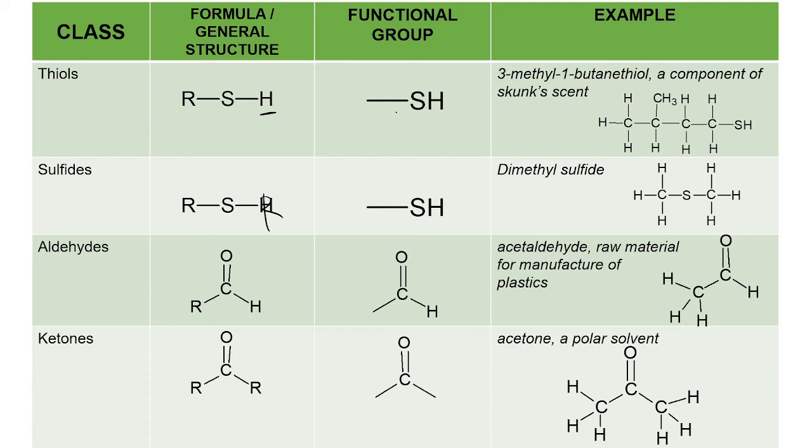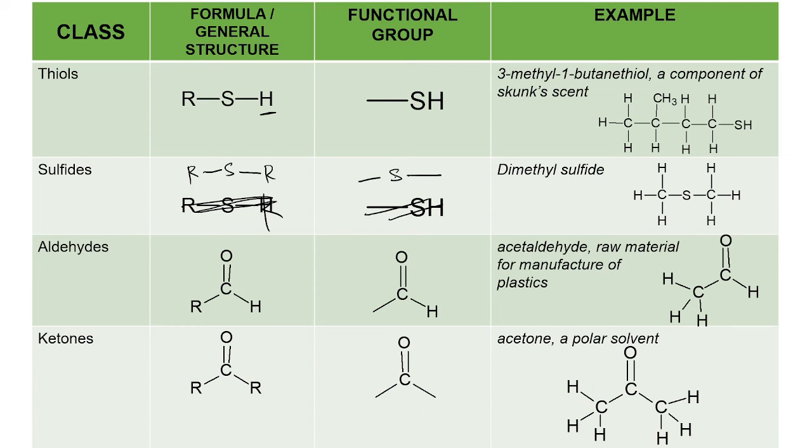So we have here our SH. So for the sulfides, let me just correct this. For sulfides, these are just sulfur that is attached to two alkyl groups. So for the functional group, it should be S.